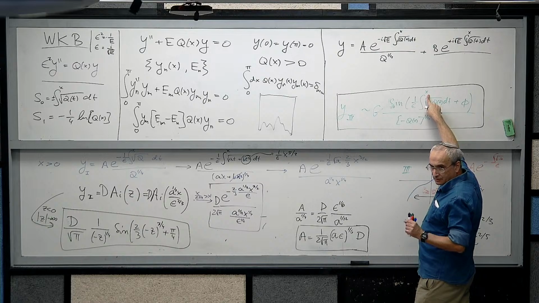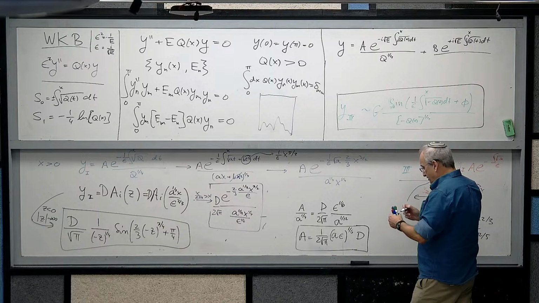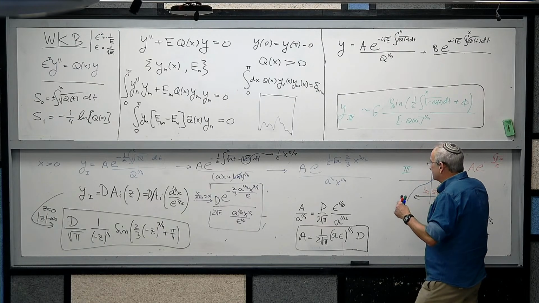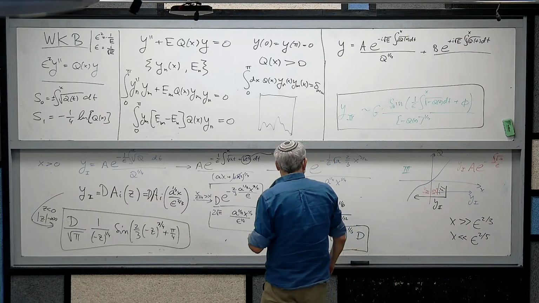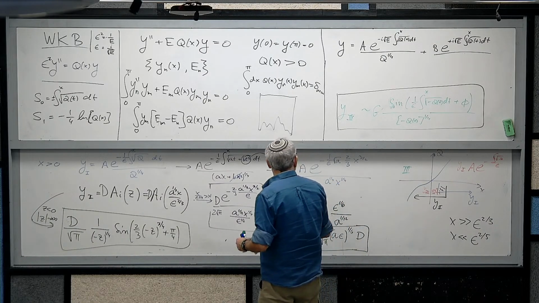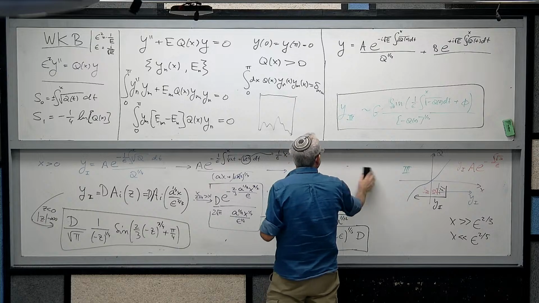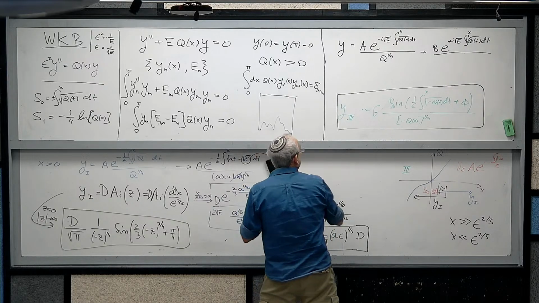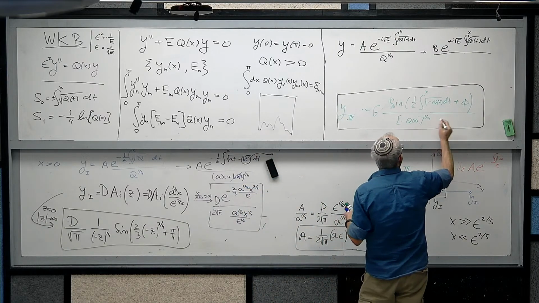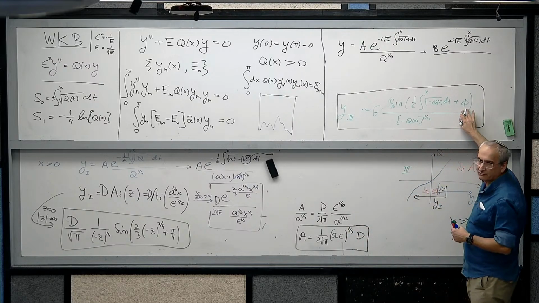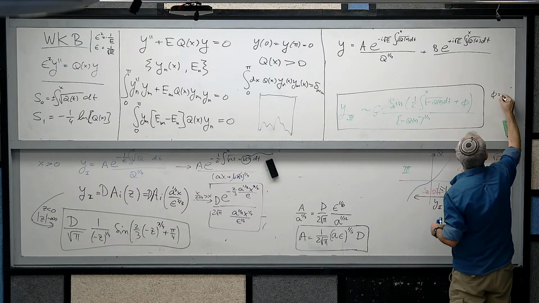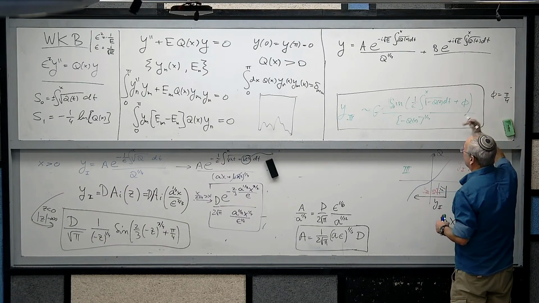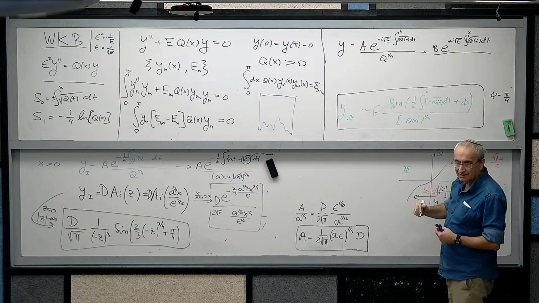So first of all, clearly phi should be pi over 4. This is for free. So phi is pi over 4, and we take care of the rest.